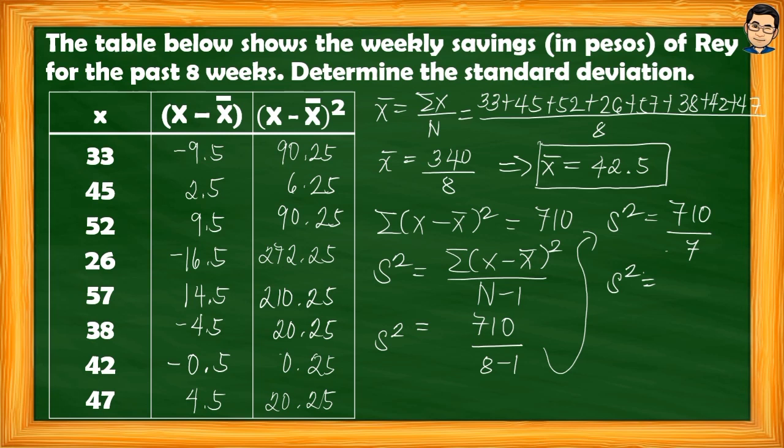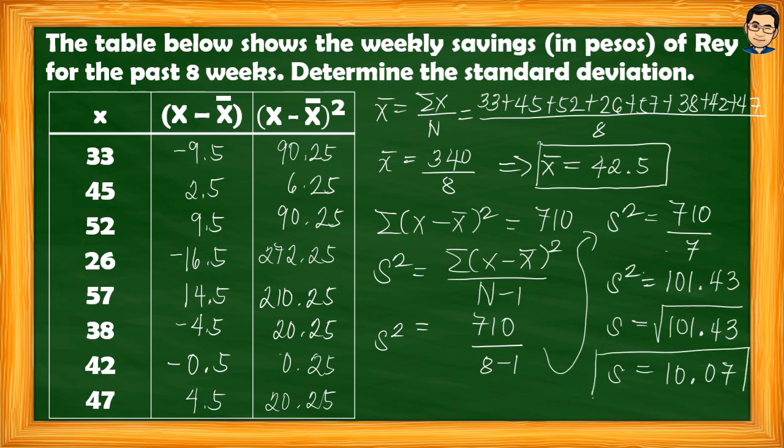Ang makukuha nating sagot is 101.43. And then, square root natin yon. Square root of 101.43, we will have 10.07. So, yun ang magsisilbing standard deviation.